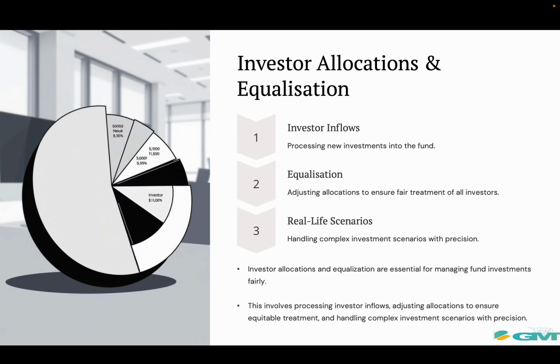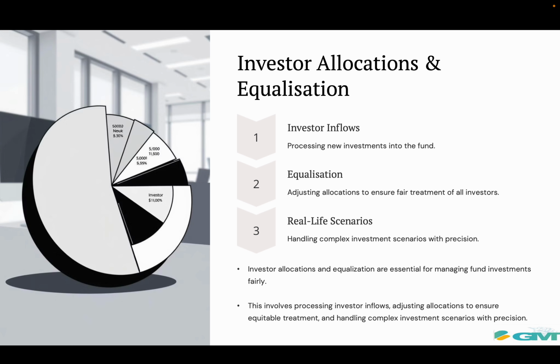So equalization is how the investor flow processes new investment into the fund. Equalization adjusts allocation for fair treatment of all the investors. For example, an investor joined the private equity firm 6 months before, and 6 months later a new investor joined.